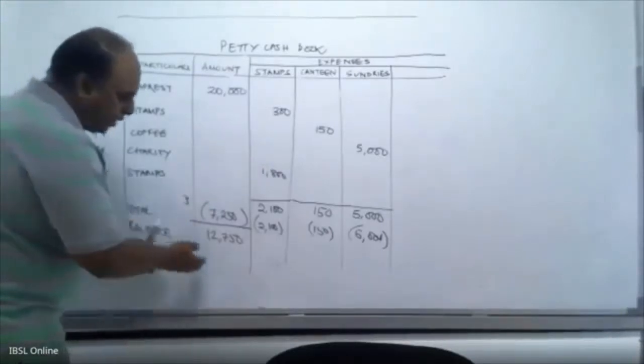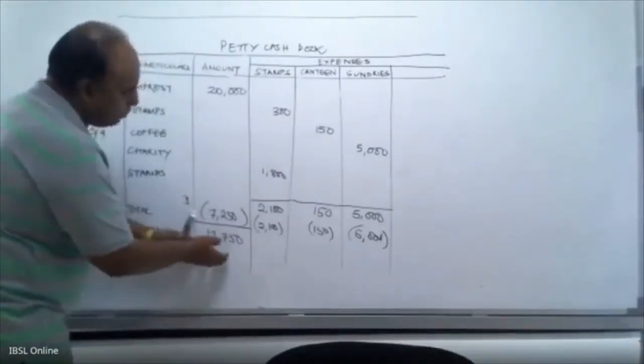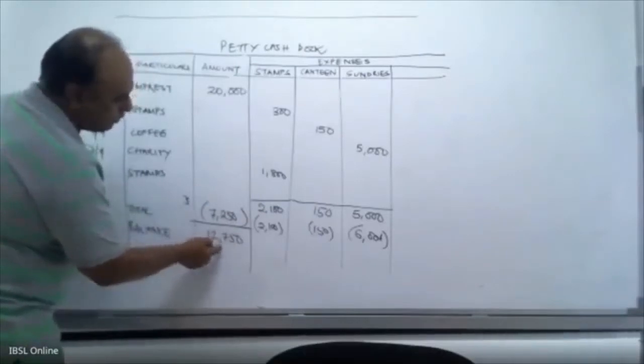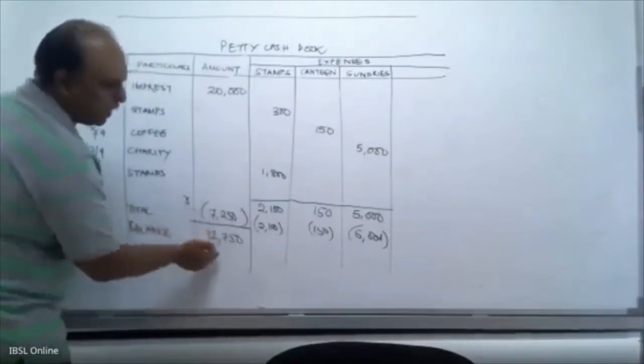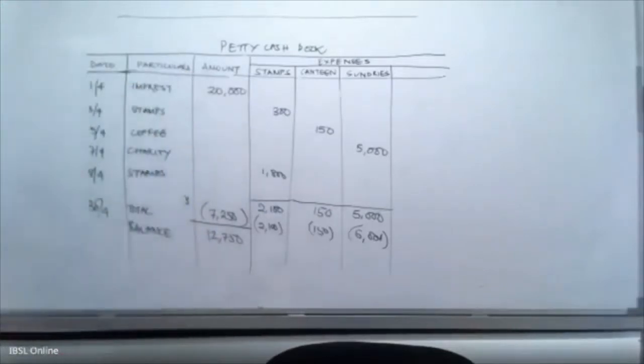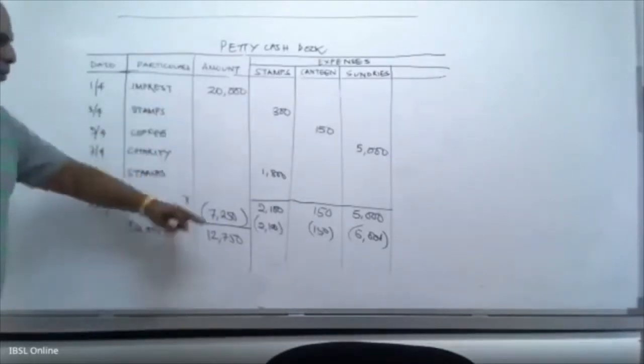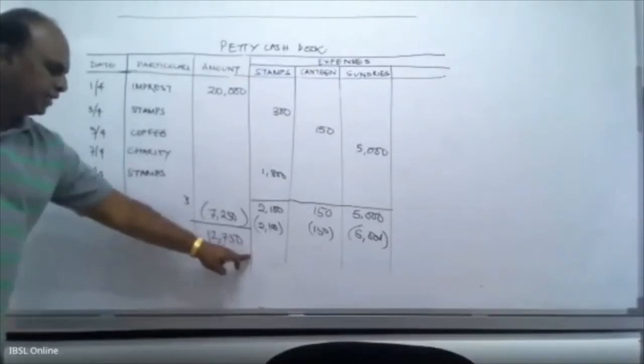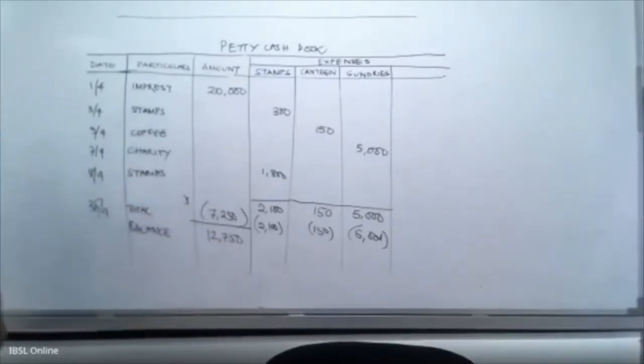And when you bring it into your petty cash book, 12,750 plus 7,250, again you will have the 20,000. So this is what is called the imprest system, where you continuously do transactions and get it replenished from the main cash officer. This mechanism is called an imprest system of petty cash.